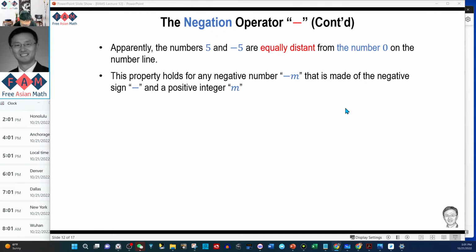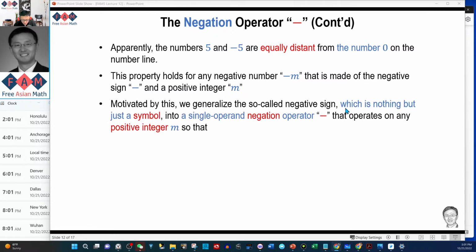Agree? So, motivated by this, we want to now give this negative sign, which is nothing but just a symbol to help us make notation for those negative numbers, some more specific meaning.